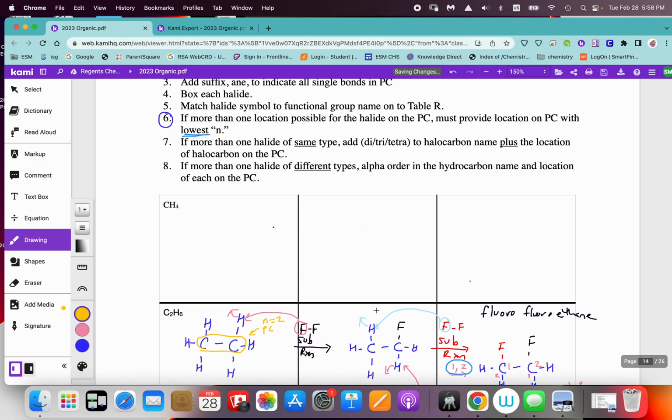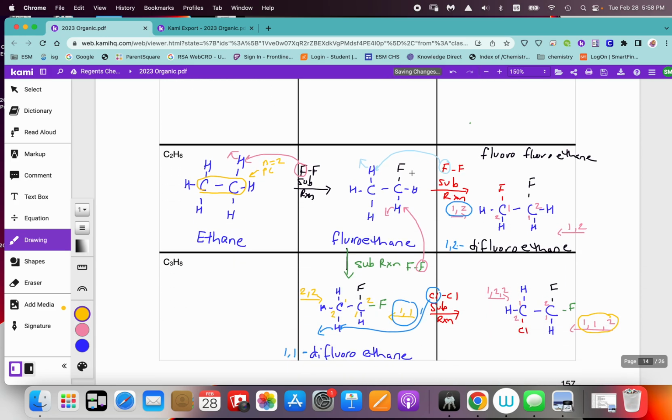Now, when I go up here, we've got to take a look at number 8. If more than one halide of different types are on the same hydrocarbon, you put the halides in alpha order. So alpha would be something that starts with an A would come before anything that starts with a Z, so alpha order.